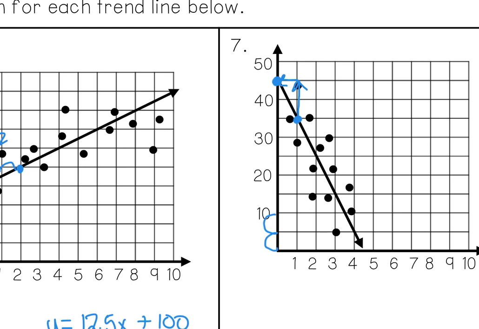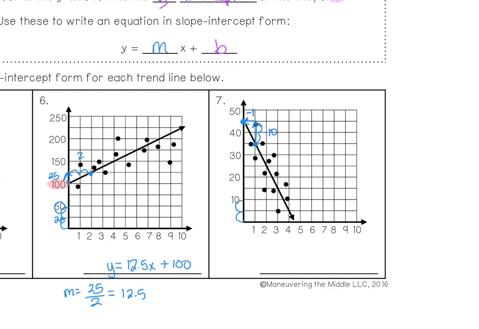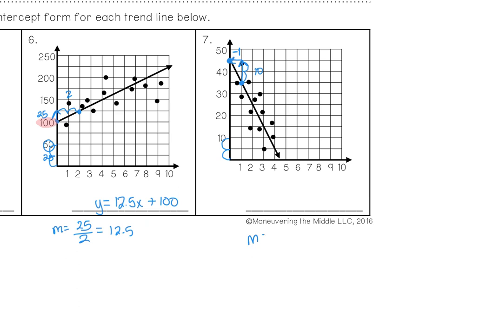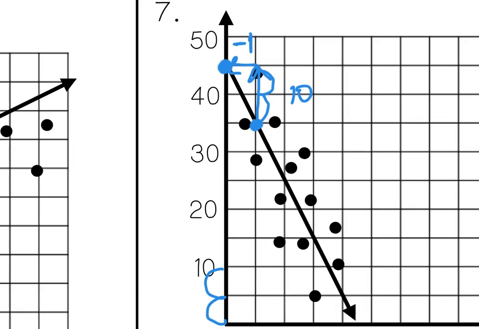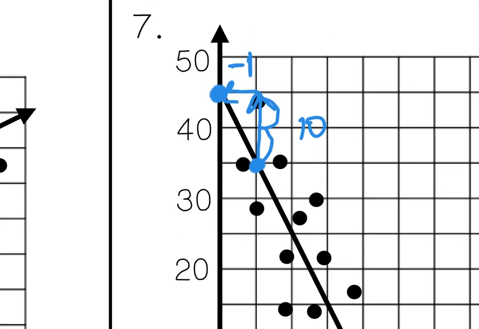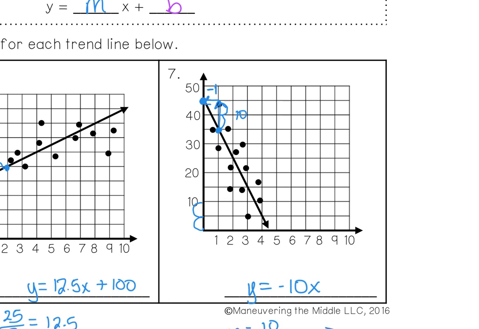Not by 10s, by 5s. So 5, 10, so rose 10 and ran over 1. What kind of a 1? Good, negative. And you can also just write -10 like that, okay? And what's our b? Good, be careful there. It's plus 45.